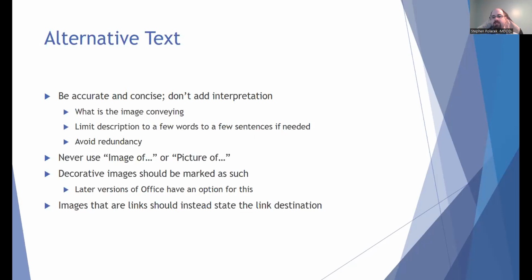First, be accurate and concise. Don't add any interpretation. Don't add any subjective opinions of the image. Just describe, what is this image conveying? What am I showing you with this image? You want to make sure that you limit your description to a few words or even maybe a sentence or two at most, because when AT, like a screen reader, focuses that image, it has to read the description in one go.